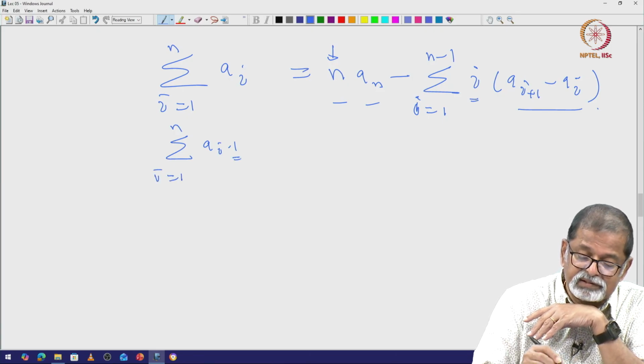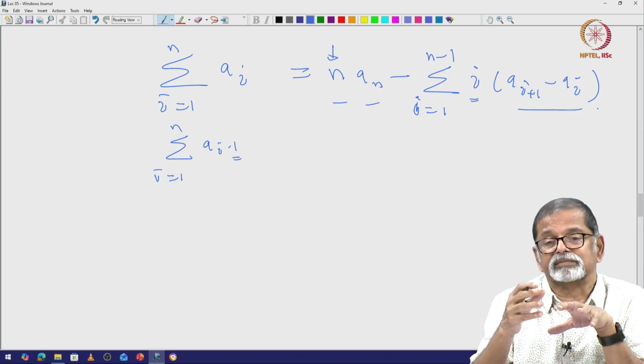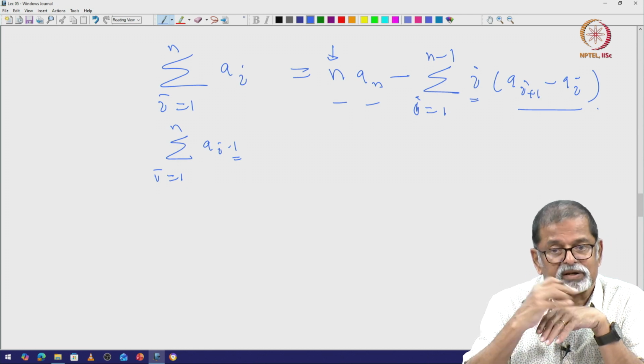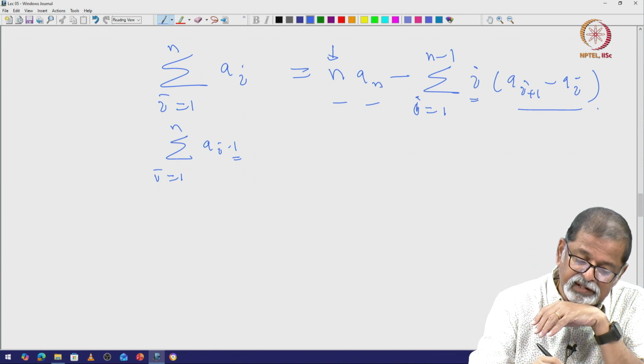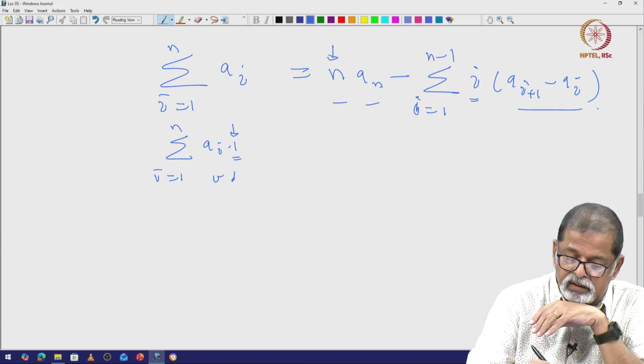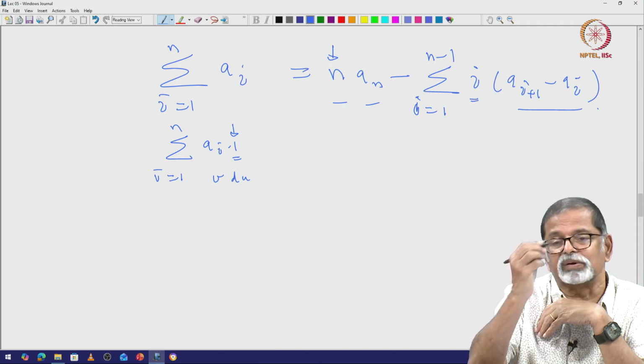This 1 is the difference between for this function n and n minus 1, okay, is 1. Therefore, this is like your v du. So, for which one the difference will be 1?